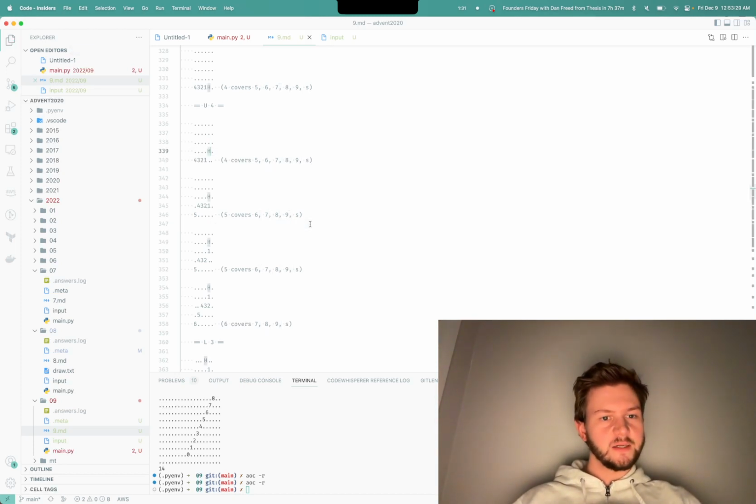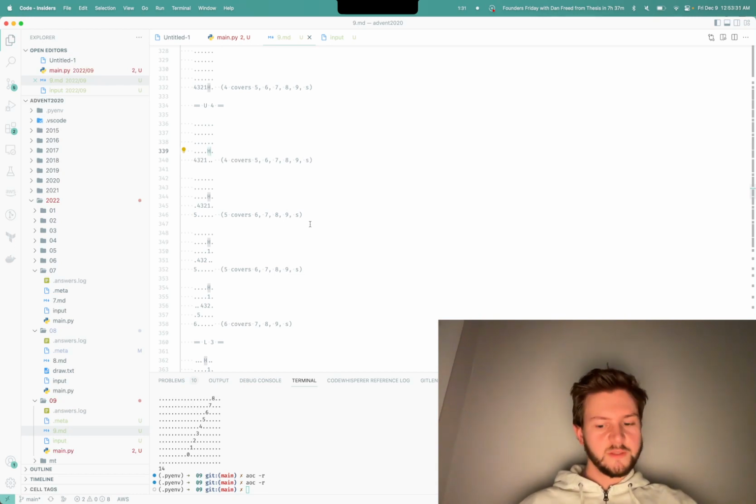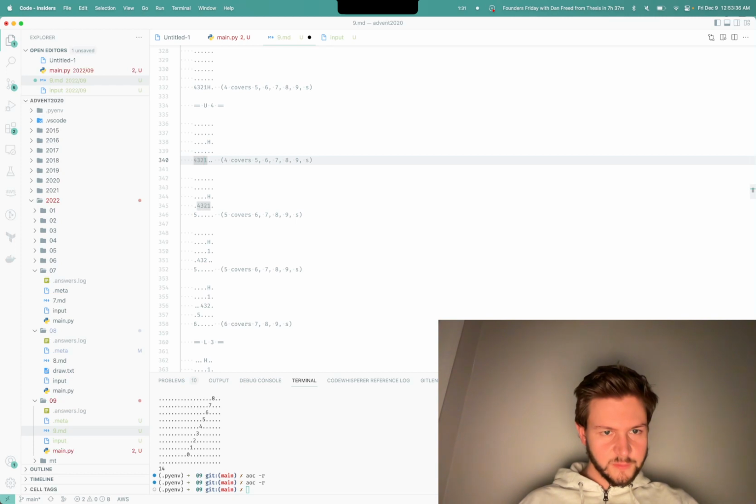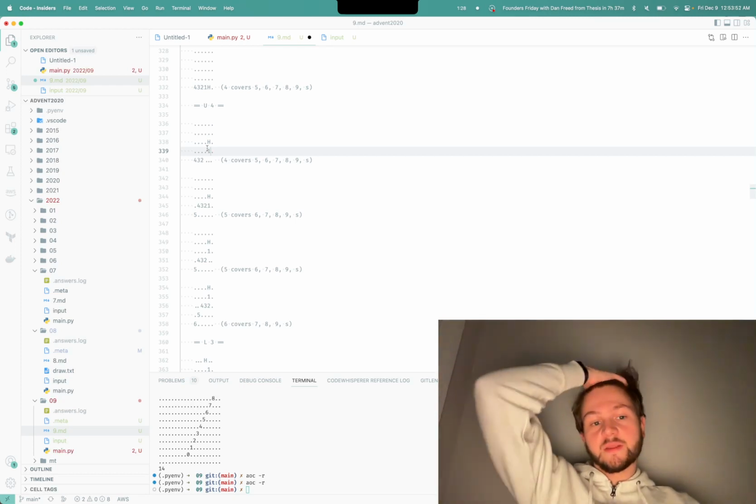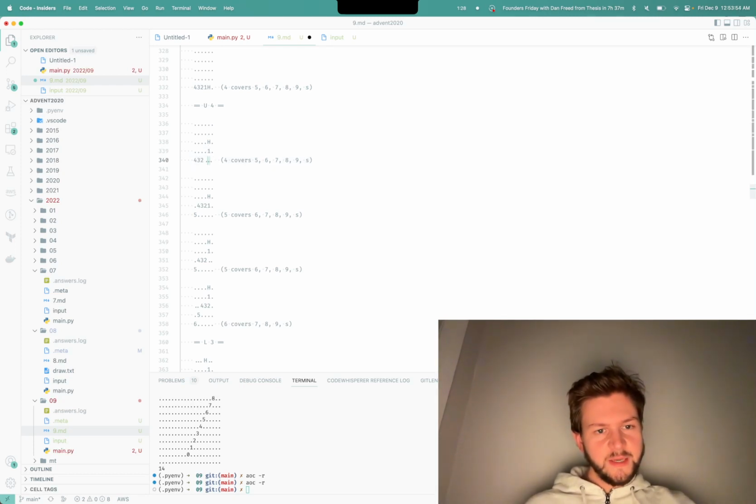Like it's here. This one moves one up here, and then this one moves two. It moves up and to the right. That's the issue. Because if it moves up, nothing happens. If it moves to the right, but if it moves to the right and then up, then the two would be right there.